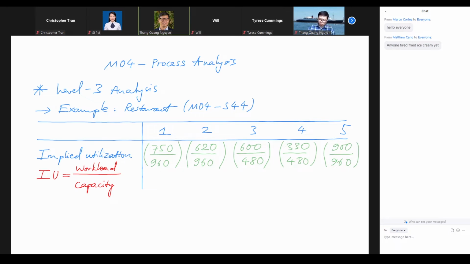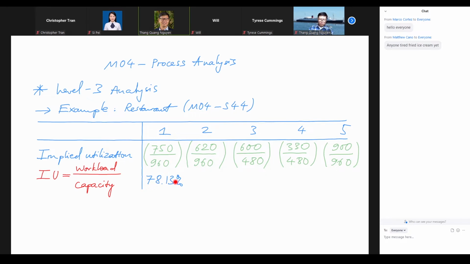Right, so what do we have here is the following. Let me write out the first answer and let's discuss the number. 78.13%, right? So based on the equation here, what we see is the following. The workload of the demand is 78% of the capacity, right? So it means that we do have enough capacity to handle the demand at station 1.